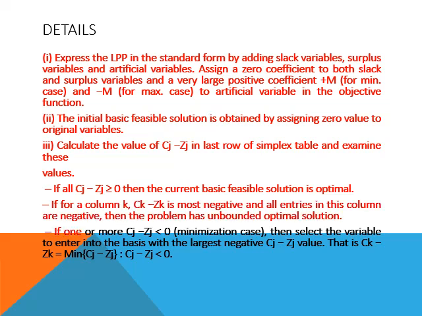If one or more Cj minus Zj are less or equal 0 in the minimization case, then select the variable to enter into the basis with the largest negative value of Cj minus Zj.